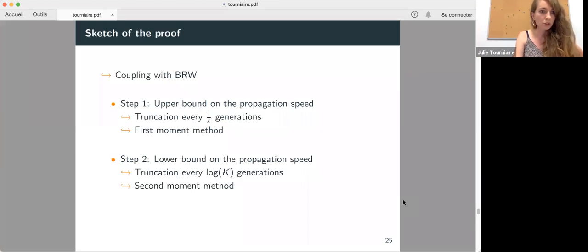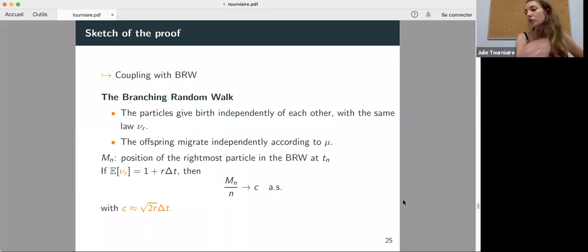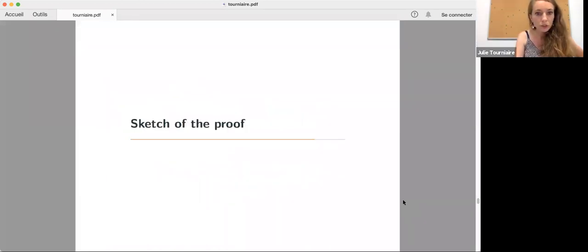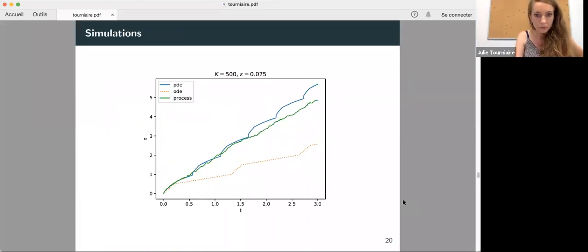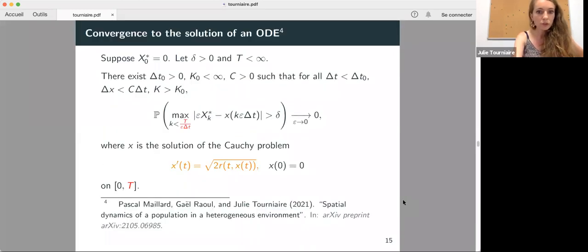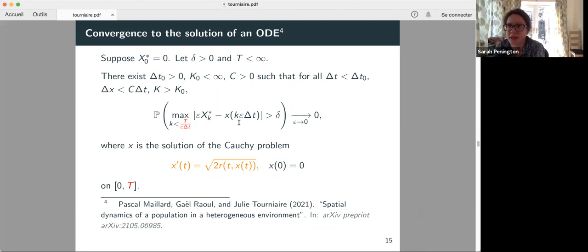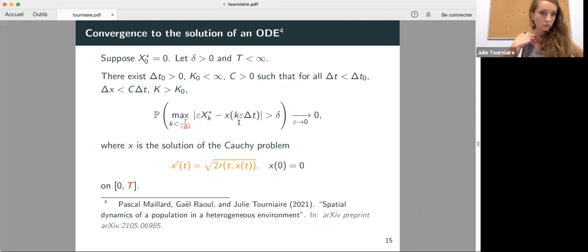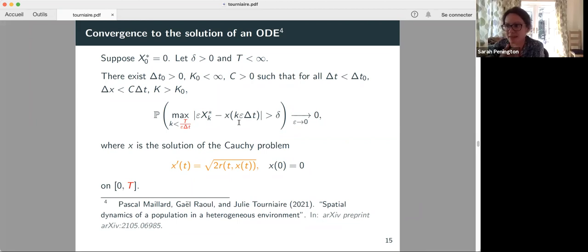But if you don't assume this condition, the upper bound still holds, the fact that the rescaled position is smaller than the ODE. Okay, so you can still show in that case that the limits don't commute. Yes, because it's lower than the PDE. Okay.